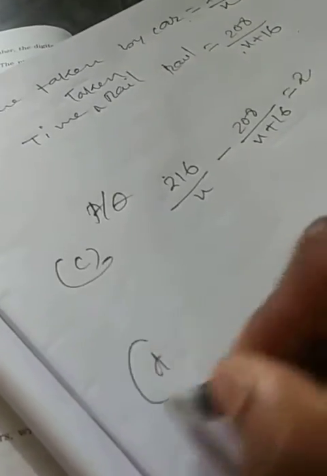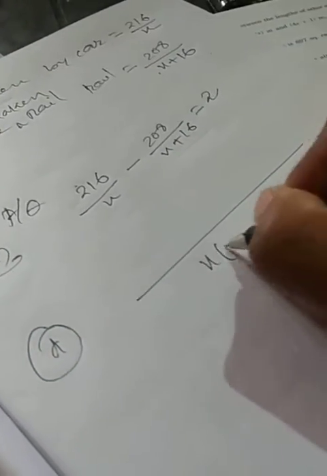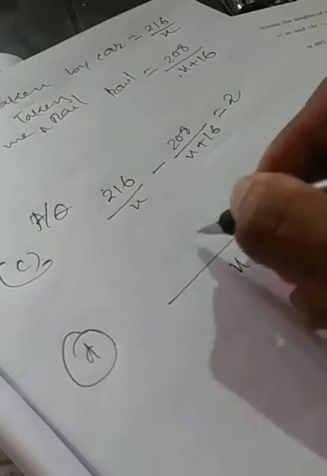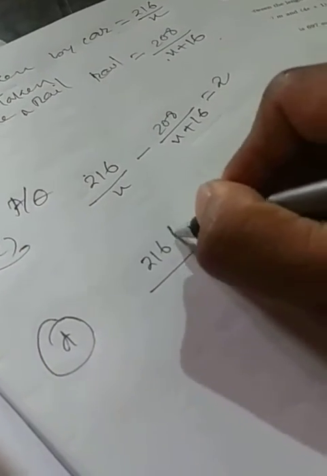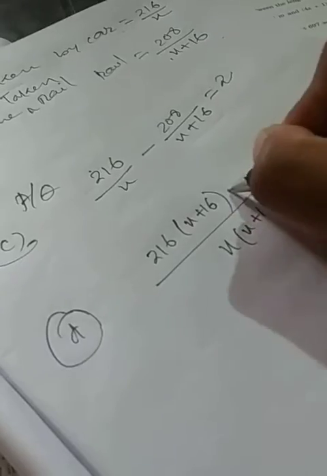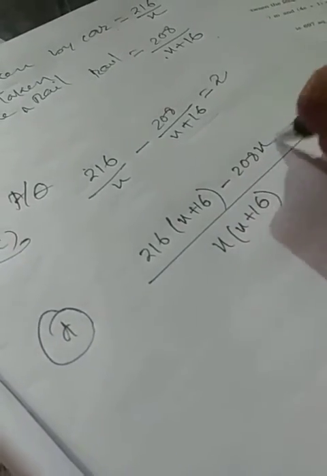Sub question D. In the exam, you need to show all the steps. You can use the simple formula like the earlier question. So 216 into x plus 16 minus 208x equals 2 times x into x plus 16.